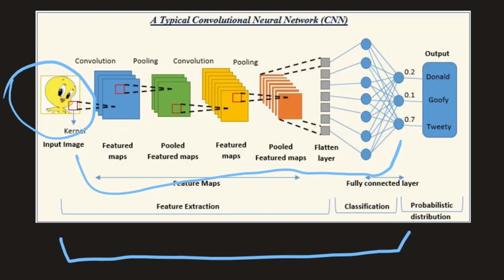For the time being, you can skip that part. As an output, it will give you the probability of the image class. So is it going to be the image of Donald Duck? It is not that confident about that. Is it the character Goofy? Again, the probability is really low, but the architecture is able to identify the image as Tweety bird with a really high probability of 0.7.